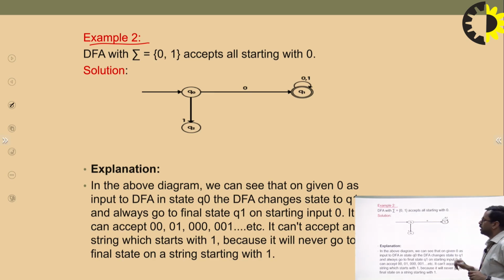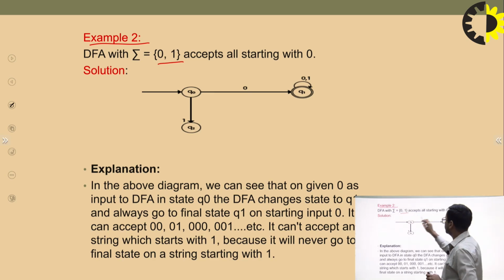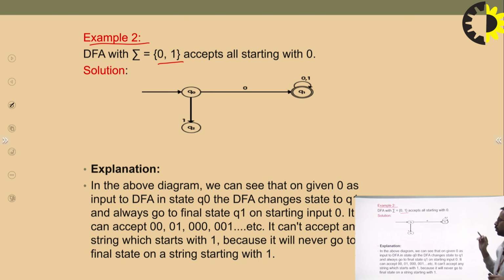A DFA with input symbols 0 and 1 accepts all strings starting with 0. That means all the strings that start with 0 should generate the output state. What will the strings be?